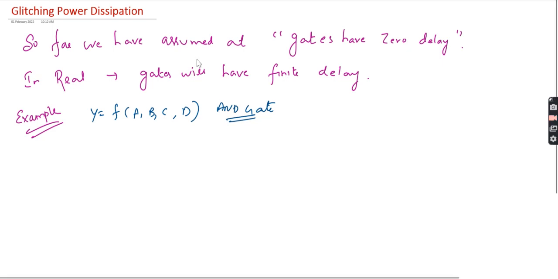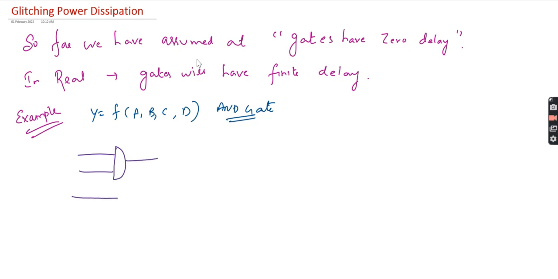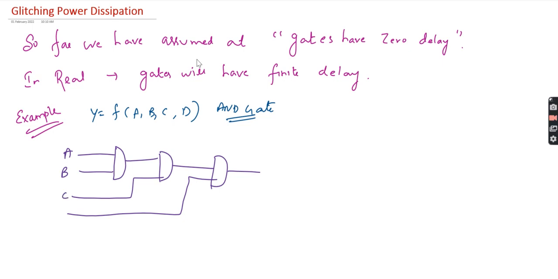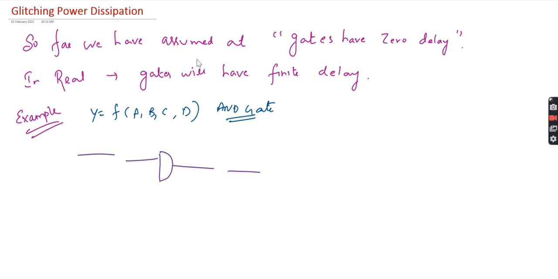Let me draw the diagram: gate 1, 2, 3, with inputs A, B, C, D. Before considering this, I don't want to use it, I'll take a simpler circuit.